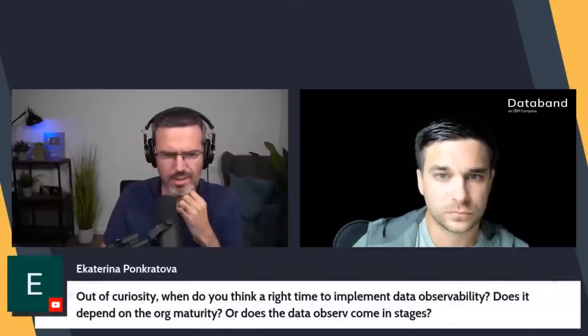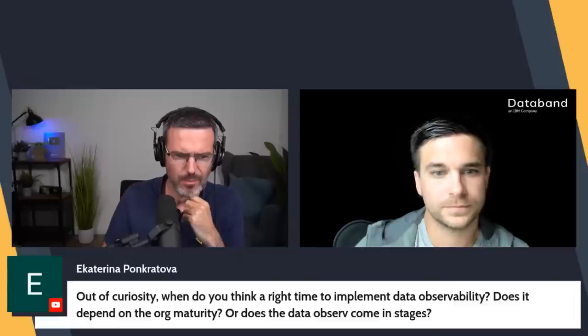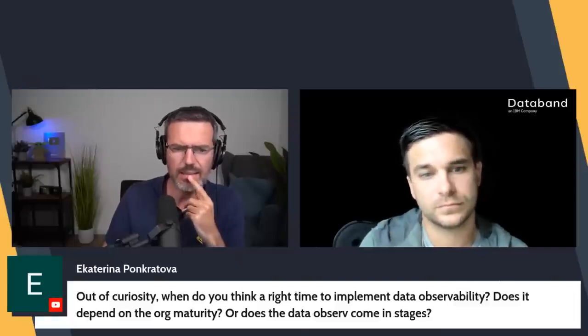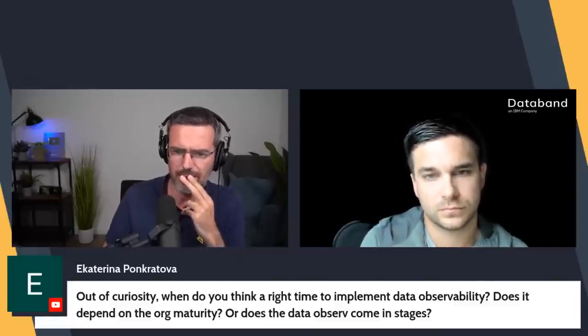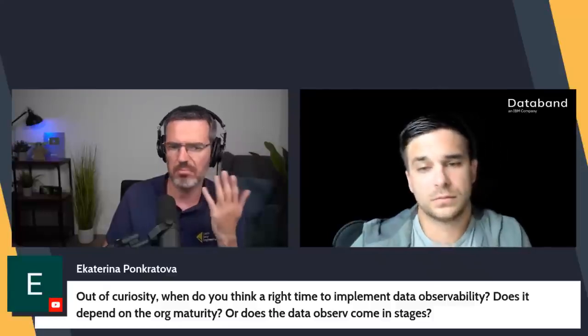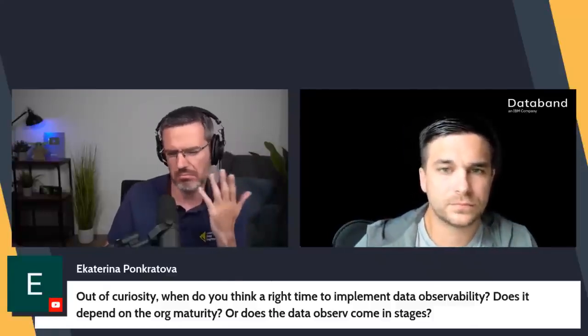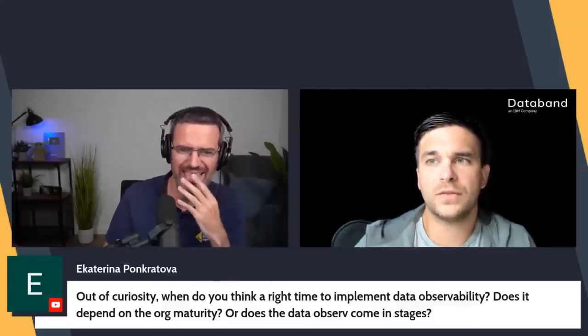Eka asked here, what do you think is the right time to implement data observability? Does it depend on maturity? I think the right time could be measured by number of pipelines, or how many data engineers you have.